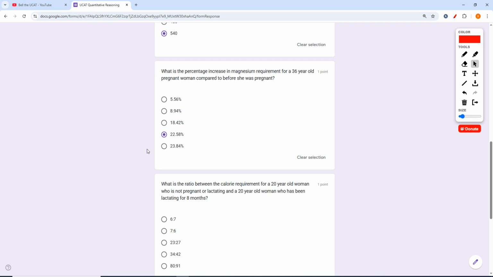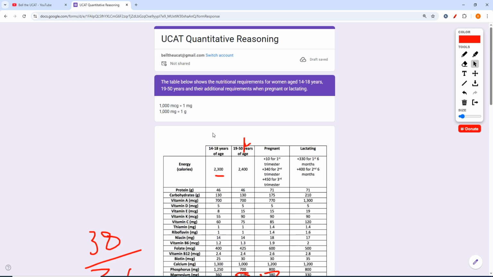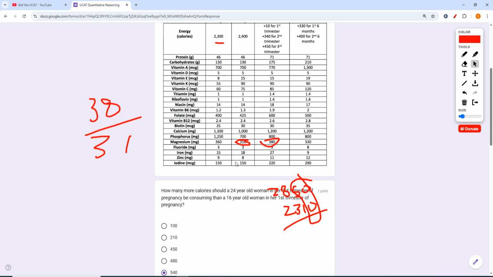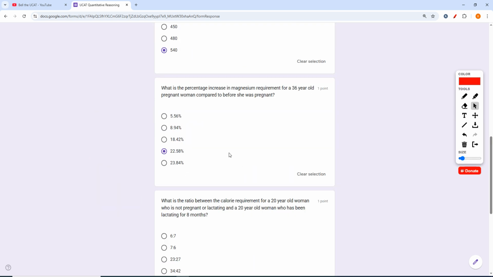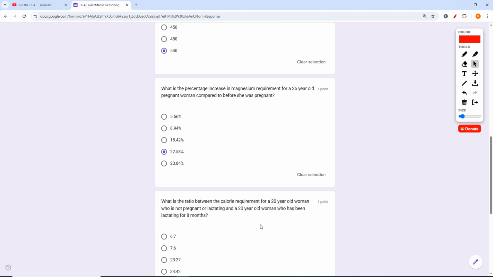Next. New divided by old, take away 1. What is the ratio between the calorie requirement of a 20-year-old who's not pregnant to a 20-year-old who's been lactating for 8 months? Looking at the second column again, the 20-year-old compared to who's lactating for 8 months.